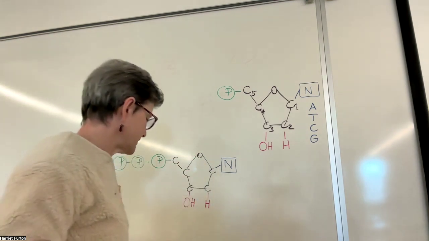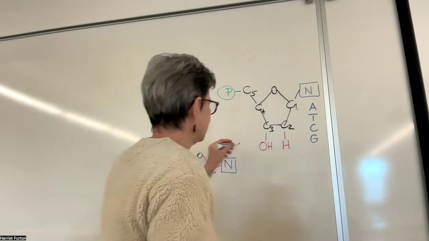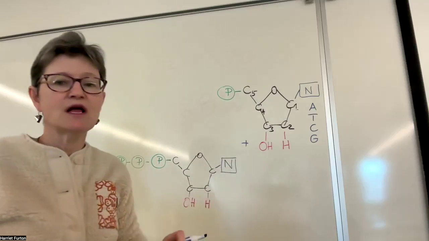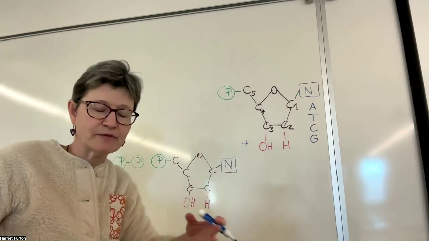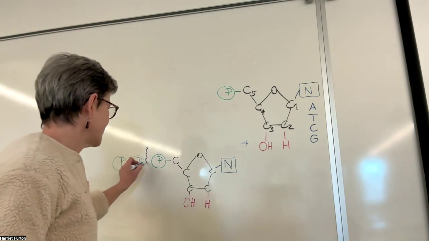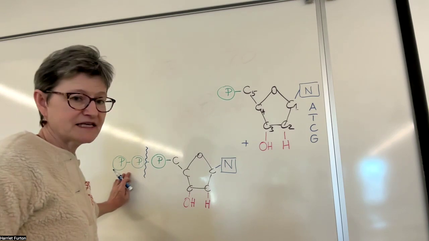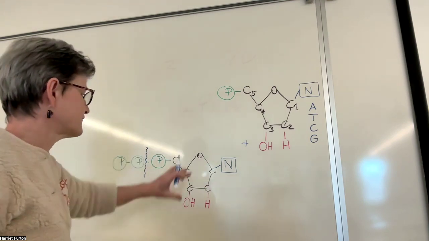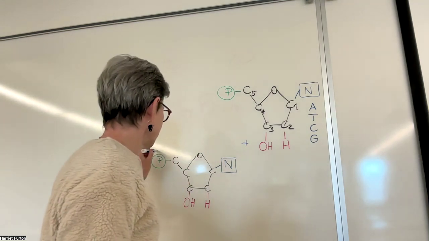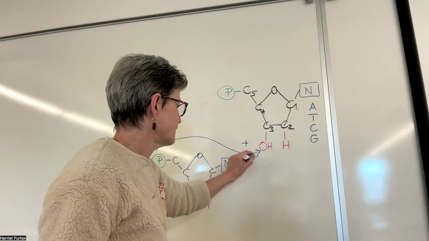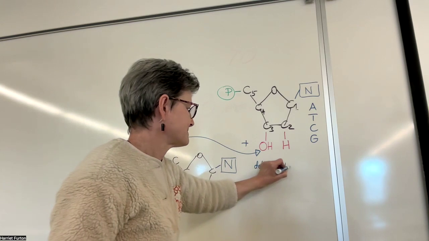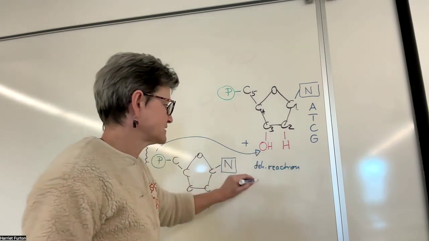This is going to be a dehydration synthesis reaction as I combine these two monomers together to form a polymer. It is an anabolic reaction. It requires energy. The energy will come when we take off these two phosphate groups from the nucleotide, and this phosphate group is going to form a dehydration reaction with the hydroxyl group.